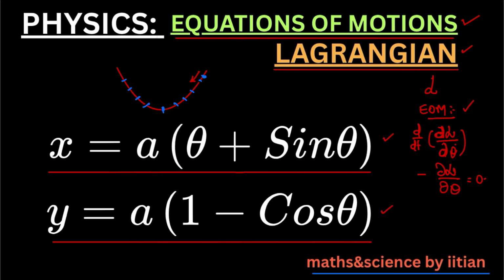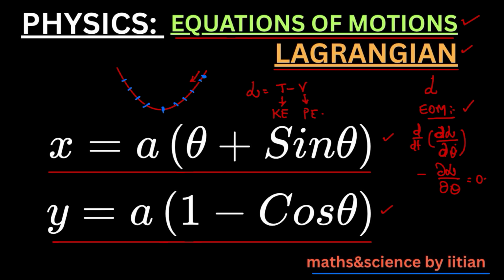Then what is L? L, the Lagrangian, is equal to T minus V. T is the kinetic energy, which we know very well, and V is the potential energy, which I have spoken about many times. For V, you please refer to my earlier lectures on potential energy.